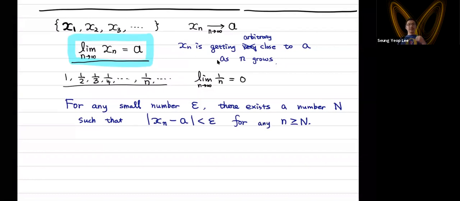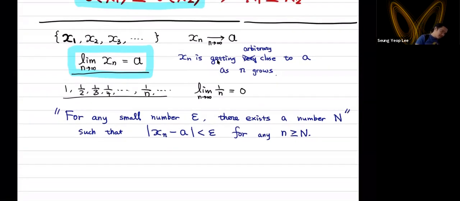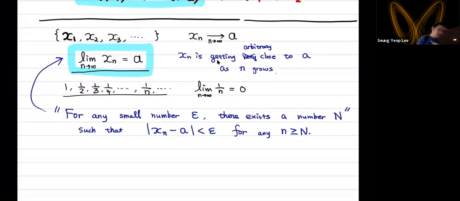Then x 1,000 is distanced only by epsilon from A. And after that, x 1,000, 1,002, all the x after x thousands is all very, very close. So it's all within the epsilon distance from A. That's the exact statement of this.